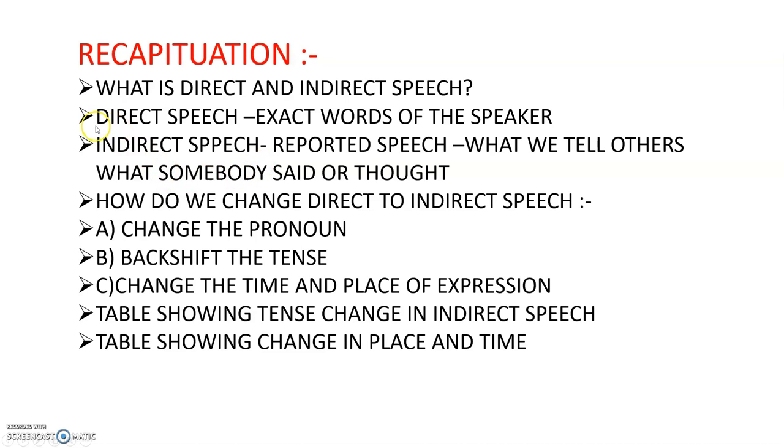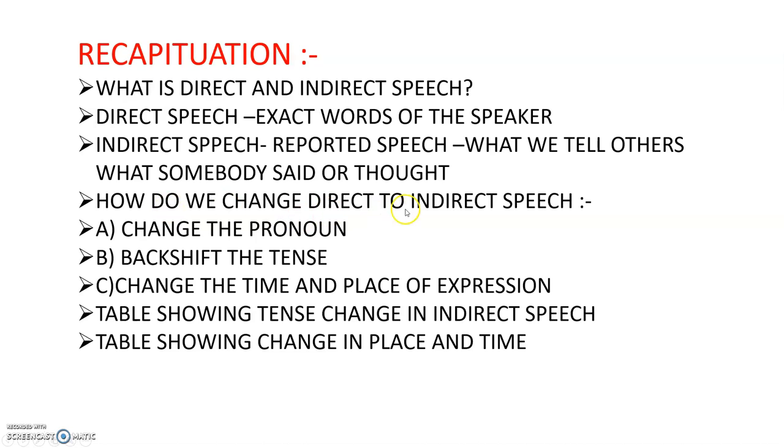So let's have a little recap of what we've already done. We saw what direct and indirect speech are. Direct speech is the exact words of the speaker, what you actually speak, with the inverted commas, right? Indirect speech is reported speech, what we tell others, what somebody said or thought.